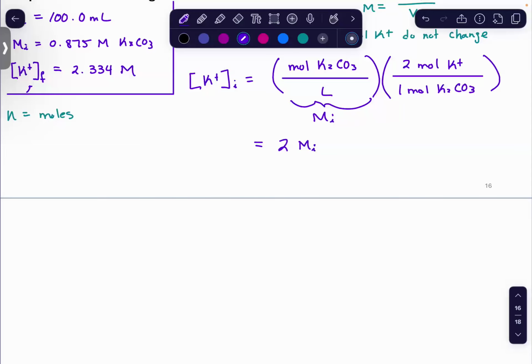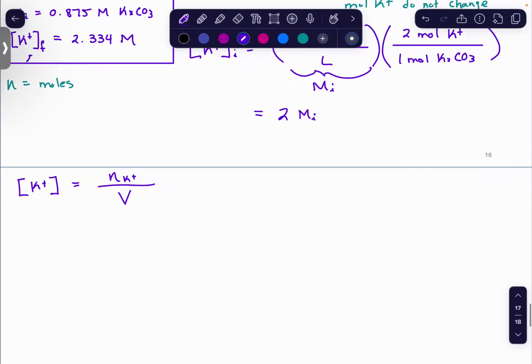So I can say that in general, concentration of potassium ions is going to be moles of potassium ions, so that's what the subscript represents, over volume of the solution. And now we know these do not change.